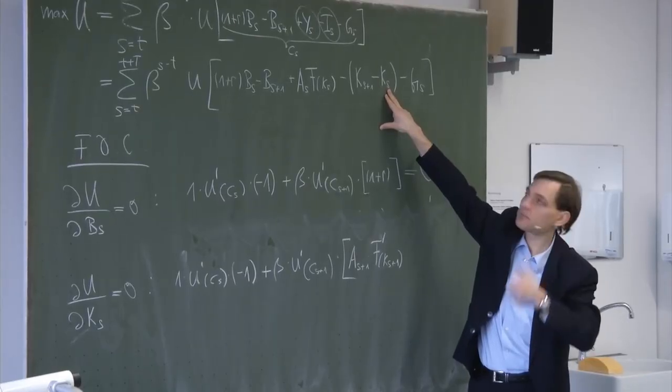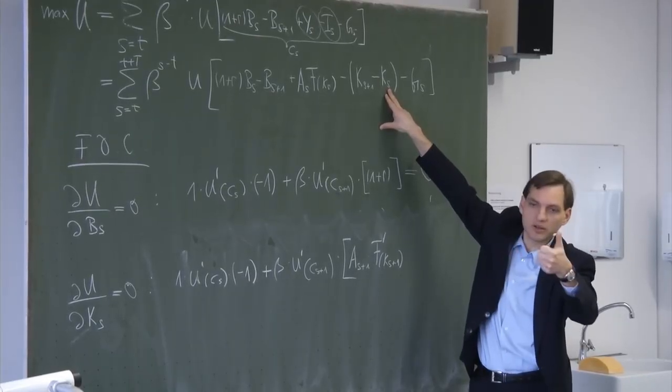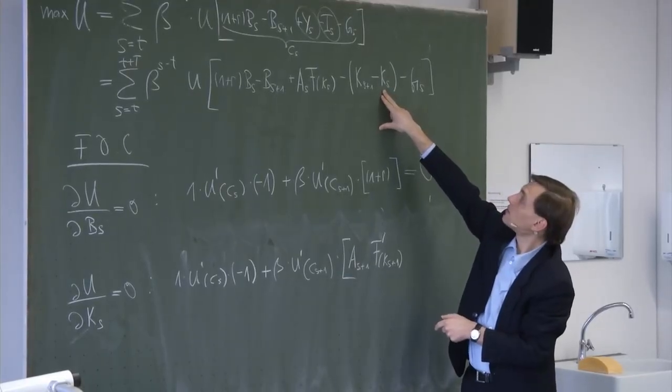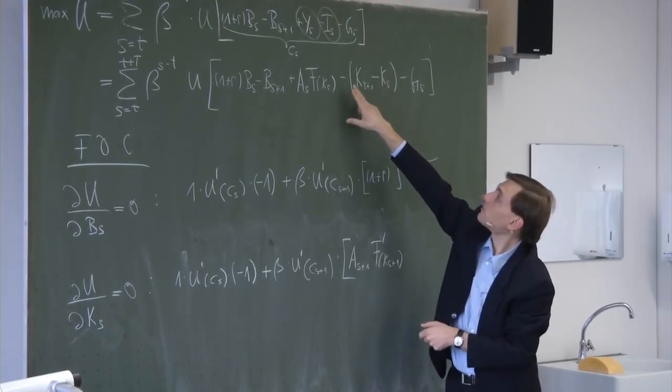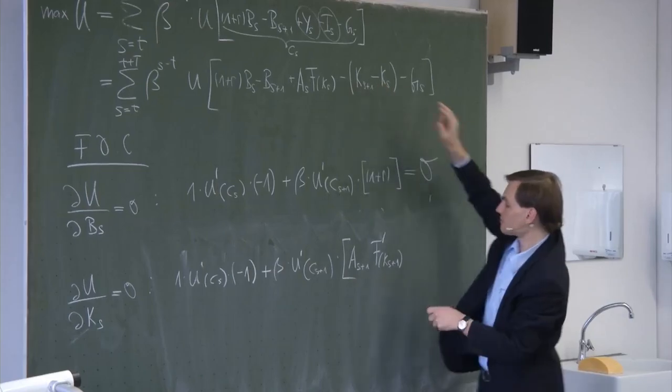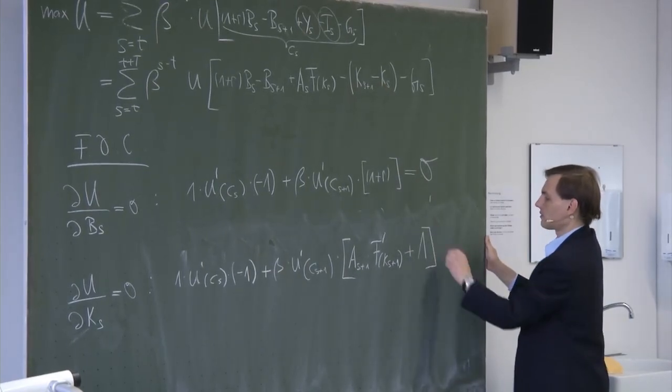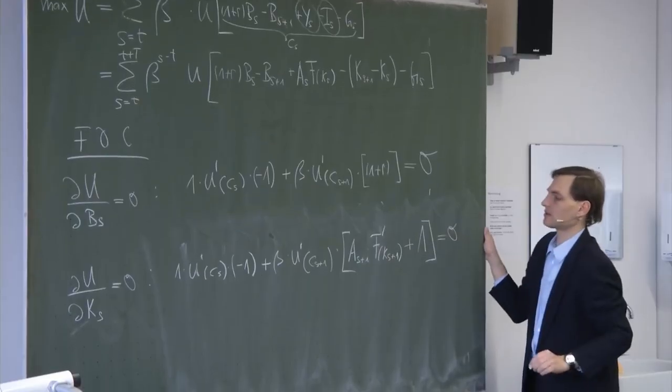That's in the first period, in the next period, not k0, it's k1. And now I calculate the derivative of k1. The derivative of this is 1, but we have minus and minus, so this is plus 1, equal 0.